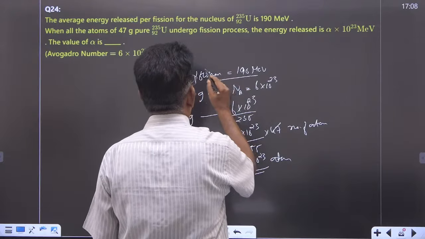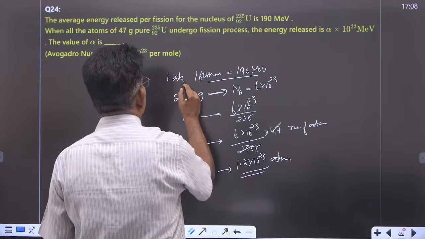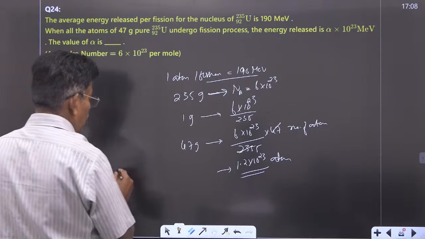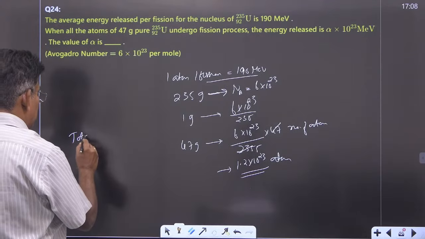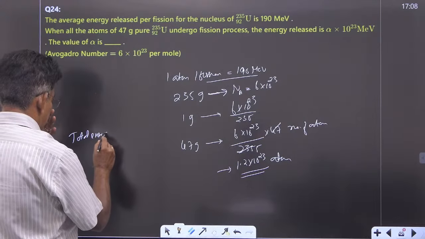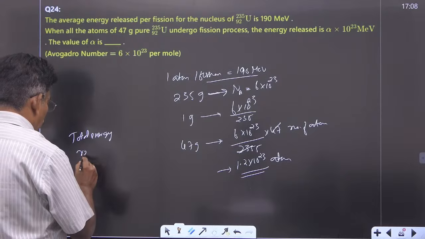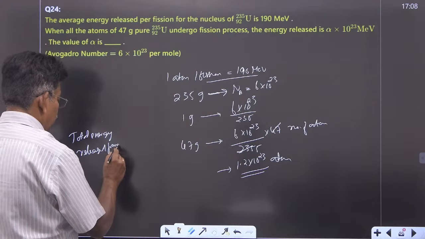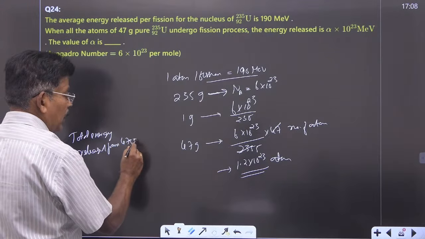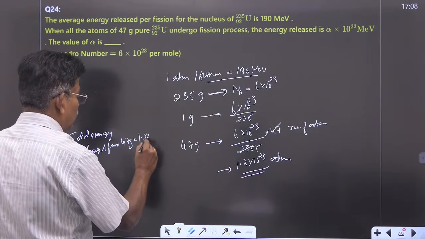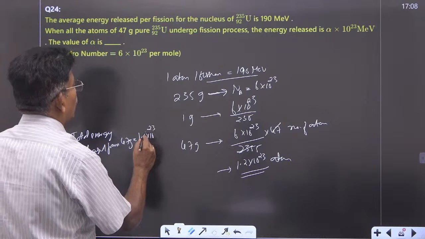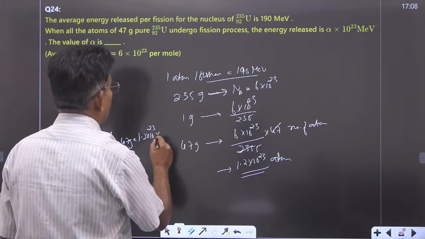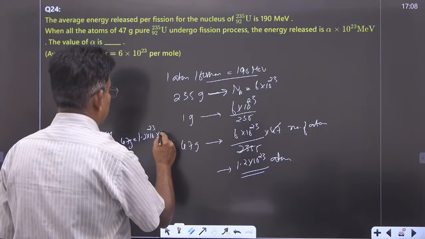Fission of one atom, we get 190. Therefore, total energy released from 47 grams, how much will it be? 1.2 into 10 to the power of 23 into 190 MeV.